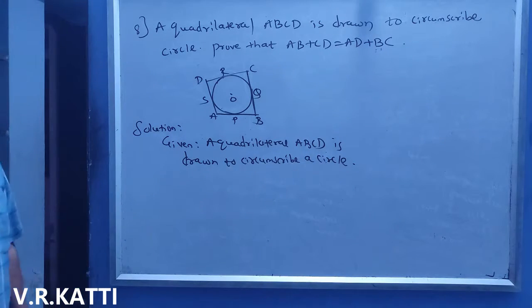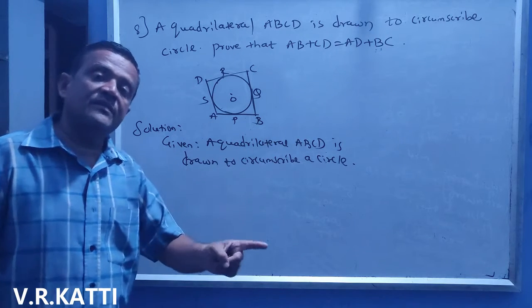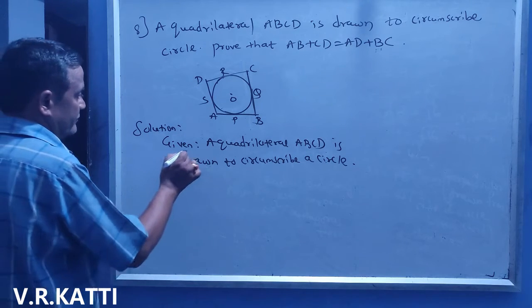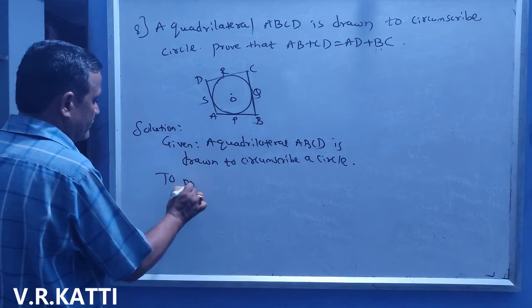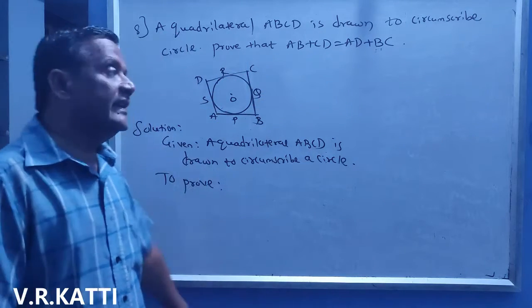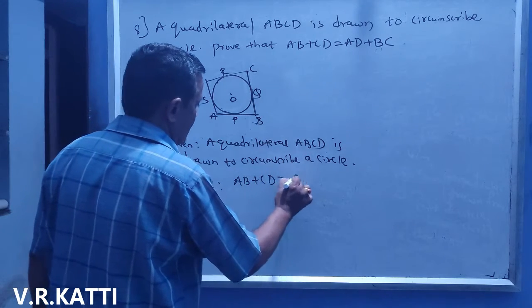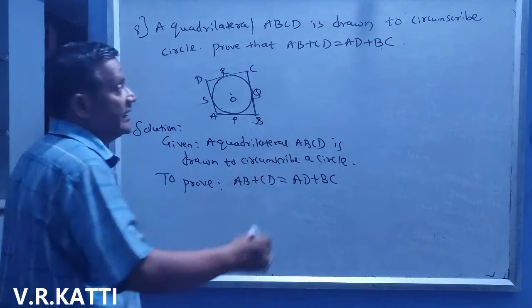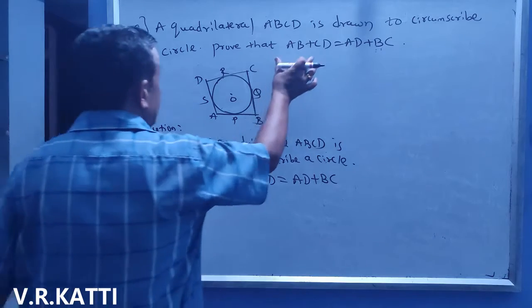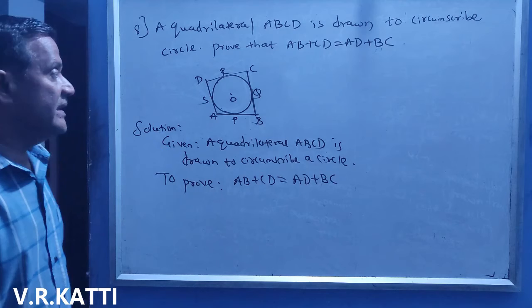Students, this is given. What is to prove? To prove: AB plus CD equals AD plus BC. What is to prove, students? AB plus CD equals AD plus BC.